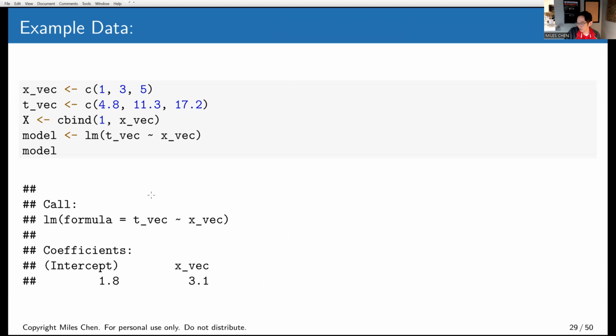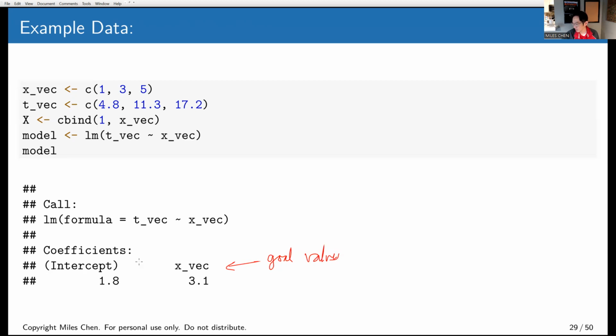So just ahead of time, I have a very, very small data set, 3 data points. My X values are 1, 3, and 5, and my target values are 4.8, 11.3, and 17.2. This is kind of our goal values.